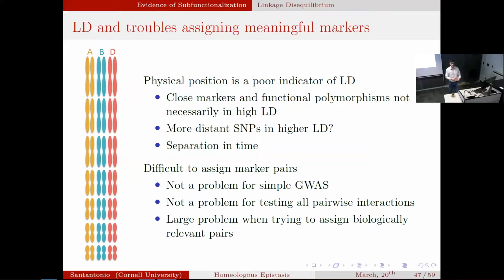Now that would be really difficult to do because it's not just LD between the marker and the functional polymorphism, but also LD between the marker and the functional polymorphism on the other arm and their interaction, right? So it's not a problem for simple GWAS, tagging these, and it's not a problem for all pairwise interactions because you test everything. But here we're only testing a very small subset of that.